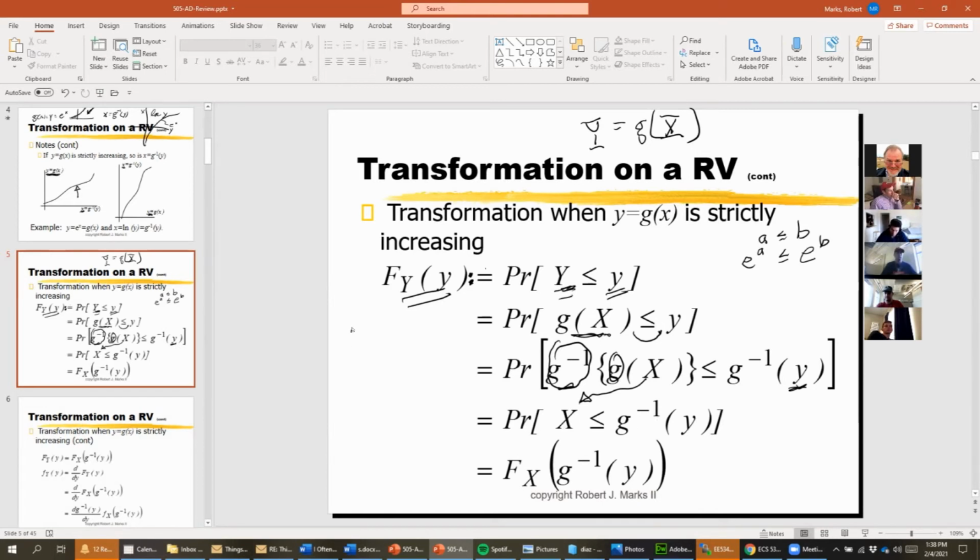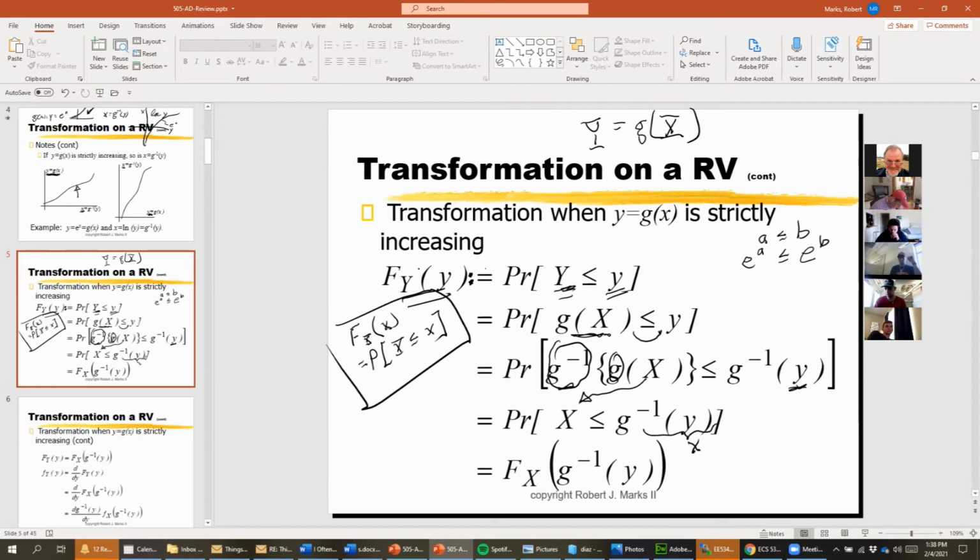Well, you remember that f sub x is equal to the probability that the random variable x is less than or equal to x, right? That's the definition of the cumulative distribution function for x. So we are really nice here because we have the probability that x is less than or equal to this g inverse of y, which takes the place of our x.